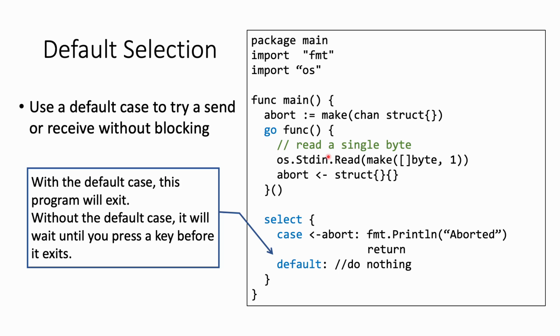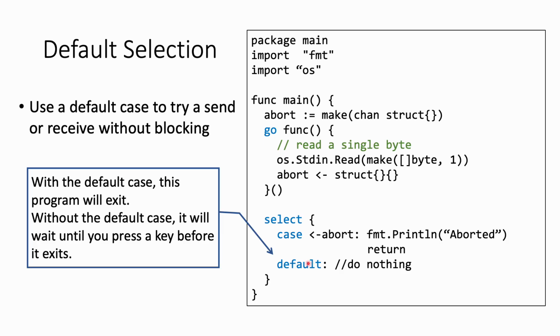The anonymous function simply reads a single byte from the standard input and then sends a value to channel abort. The main function has a select statement that has one case, which is receive from abort, and has a default case that does nothing. In the case of receive from abort, it prints out aborted and terminates the program.